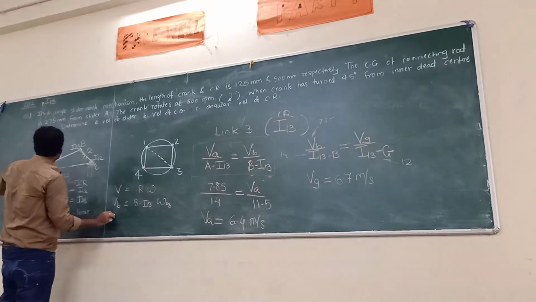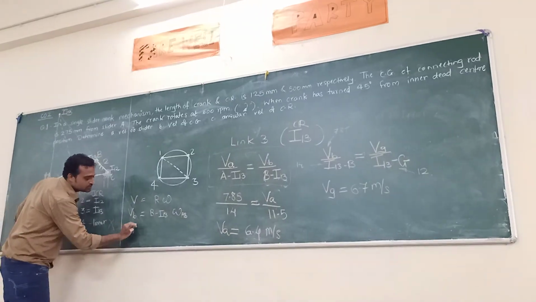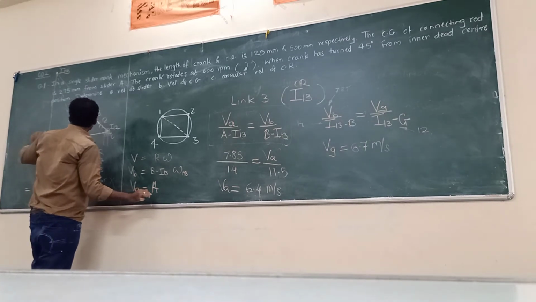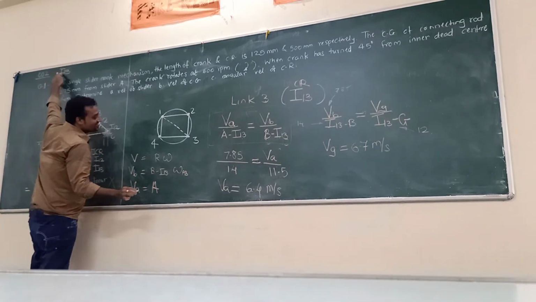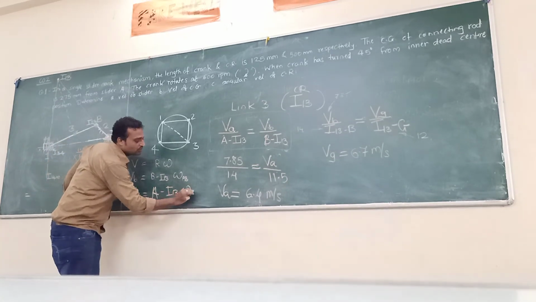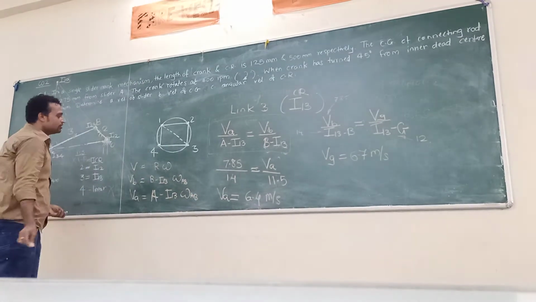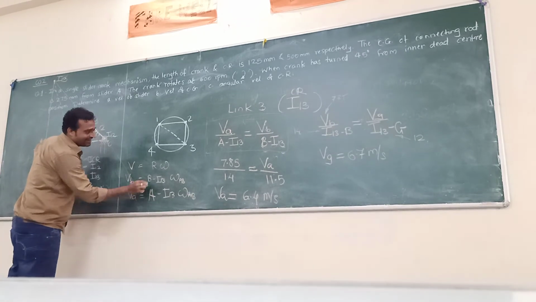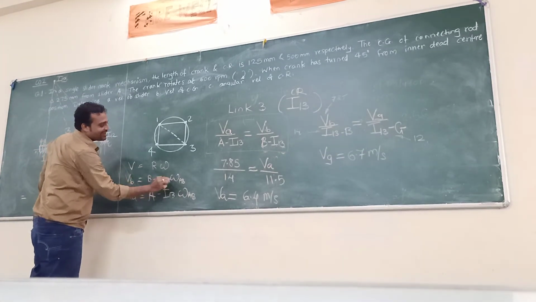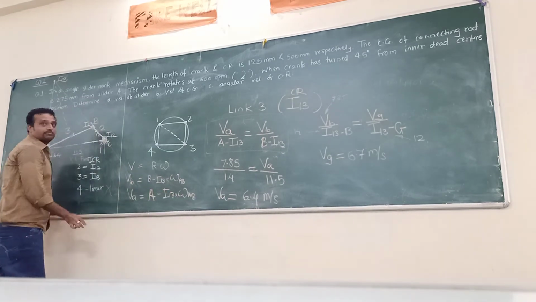Similarly, point A is also on this link number 3. So VA is equal to the radius of rotation, which is the distance between A and the center of rotation, A I13, into omega AB. So we can write this for point B as well as A because both these points are on link number 3.